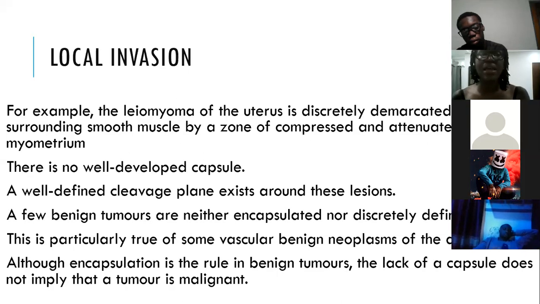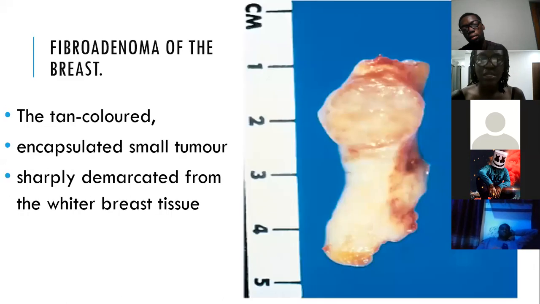Usually the benign tumor has a rim of connective tissue around it, so it's sort of a zone around it. But you realize that the malignant tumor goes into the tissue. So sometimes you can't demarcate where the tumor is and where the normal tissue is. So these are examples.